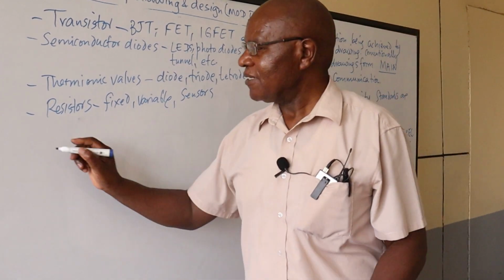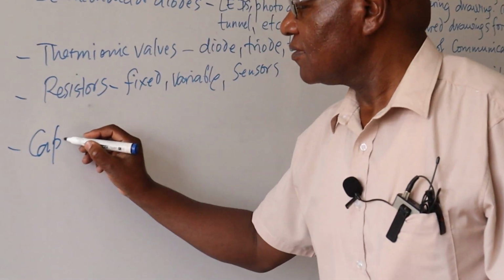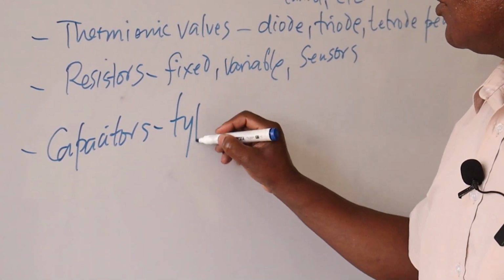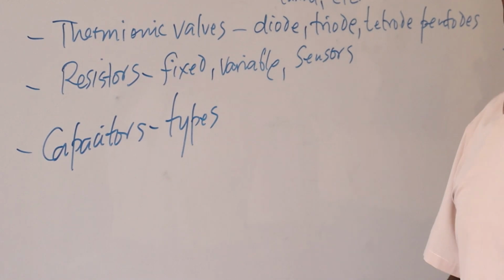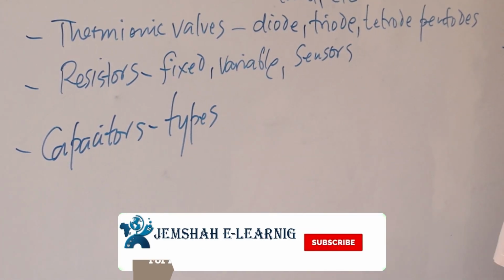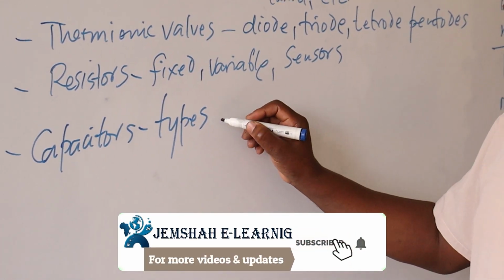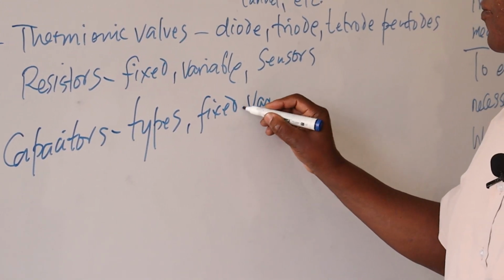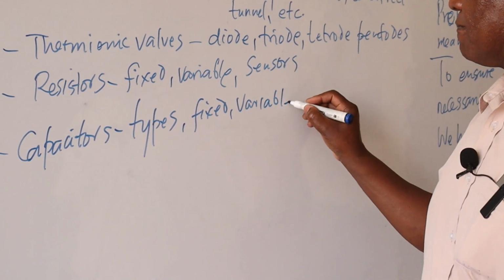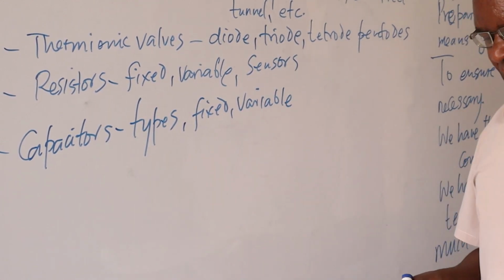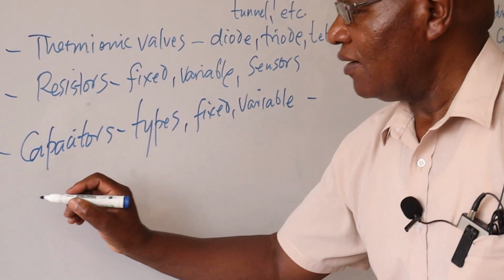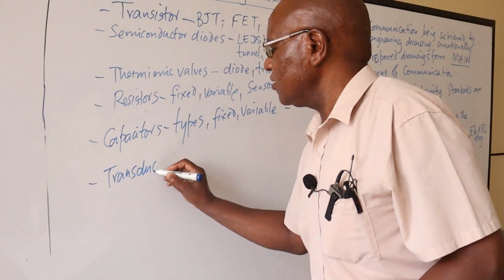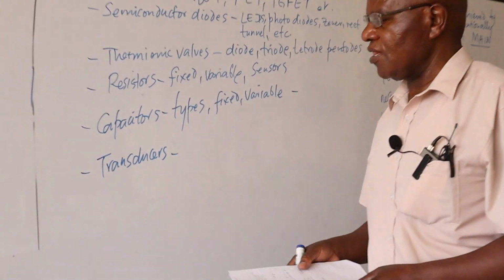And then capacitors. Again, here of course you have got various types, air capacitors, electrolytics, and the like. And then you have also got fixed, variable, and then we have transducers, converting energy from one form to another.